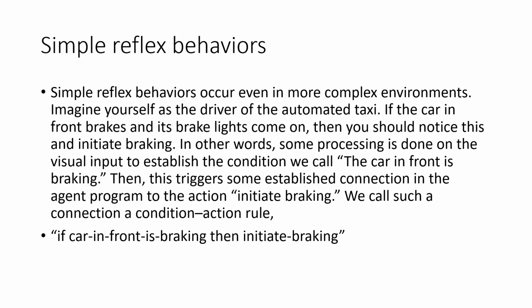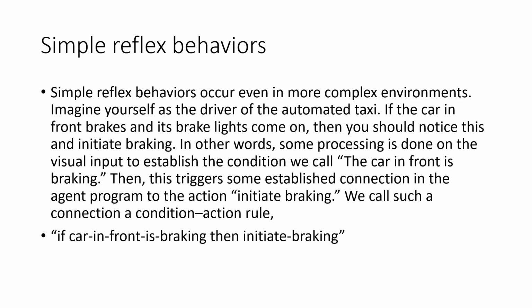We call it the car in front is braking. Then this triggers some established connection in the agent program to the action initiate braking. We call such a connection a condition action rule.